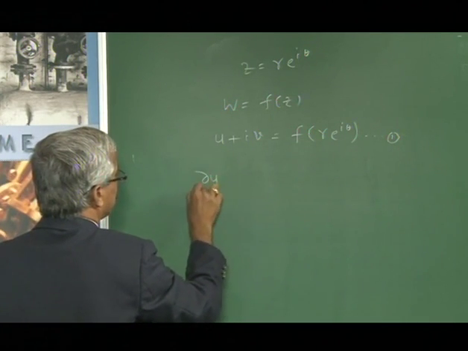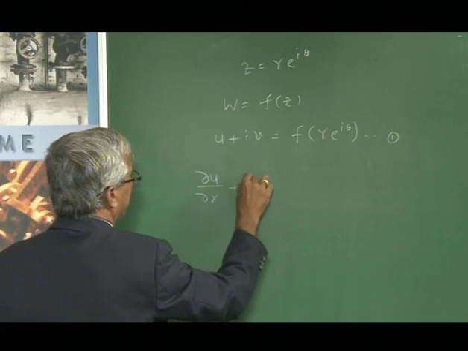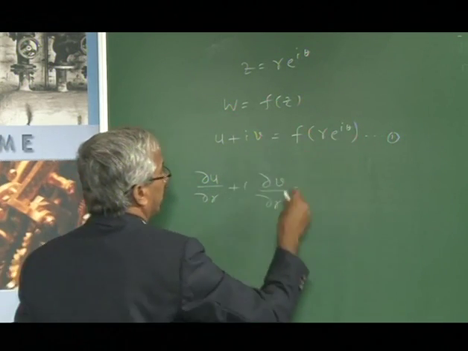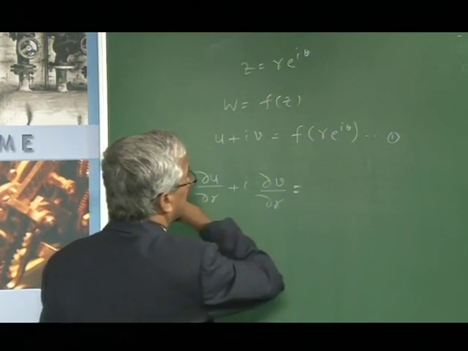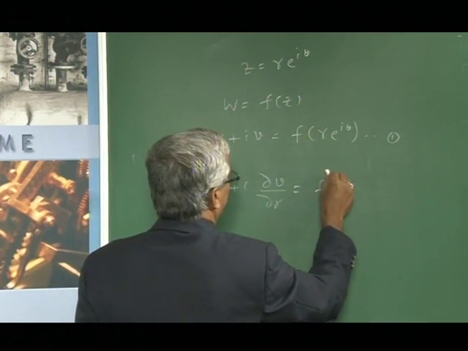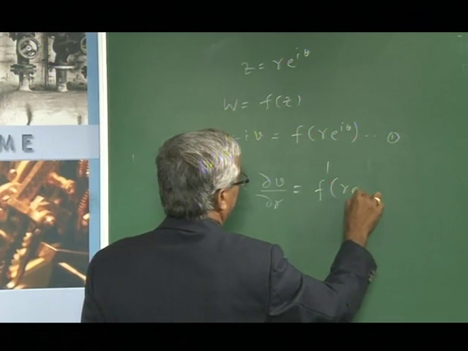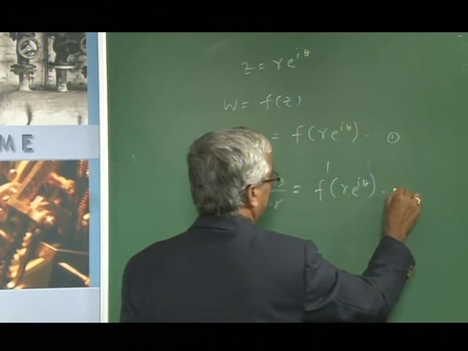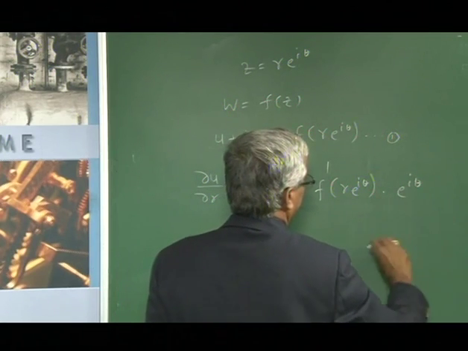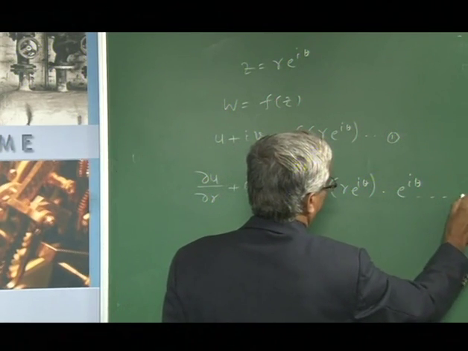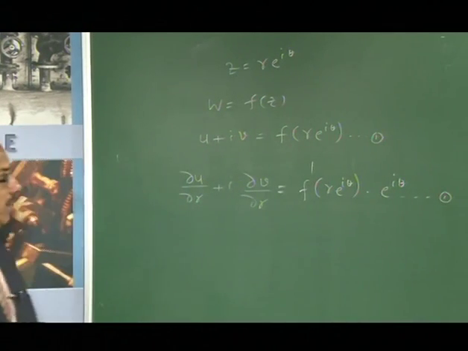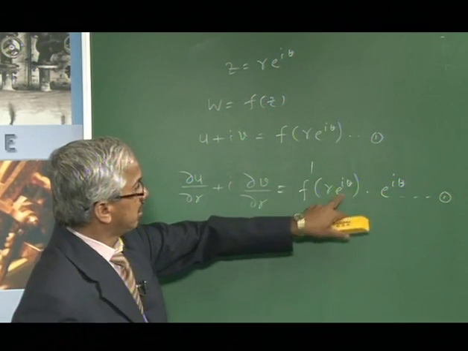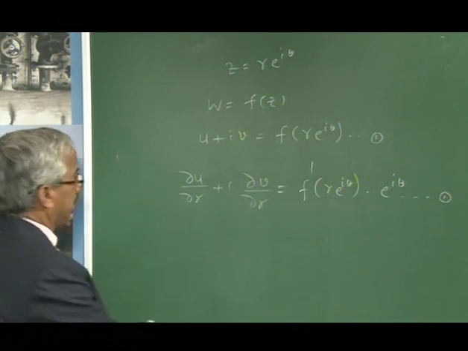That gives ∂u/∂r + i ∂v/∂r = f'(re^{iθ}) times the derivative of r e^{iθ}, which is e^{iθ}, because the derivative of r with respect to r is 1 and e^{iθ} is kept as a constant term since θ is a constant. This is equation 1.